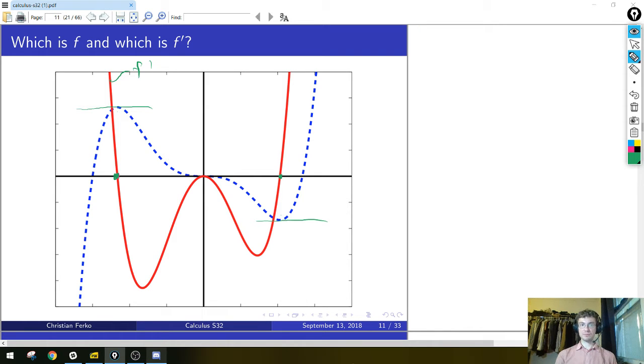And you might have thought, well, why don't we look at the slope of the first derivative, which is, of course, the sign of the second derivative. At this point, the derivative is decreasing, so the second derivative is negative, and that means the original function opens down. So if there's a flat tangent and you open down, you've got to be at a local max.